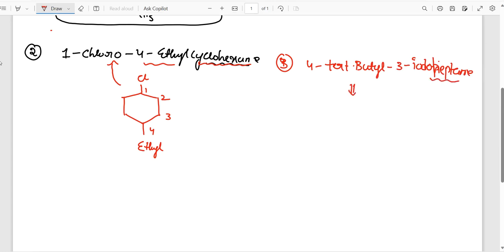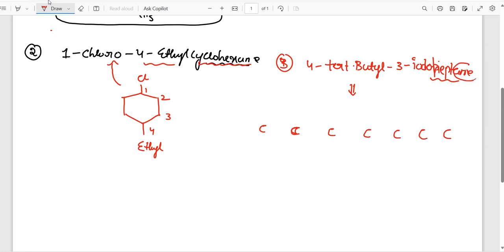From the given hint, heptane means 7 carbons. Here 1, 2, 3, 4, 5, 6, and 7, so a total of 7 carbons.